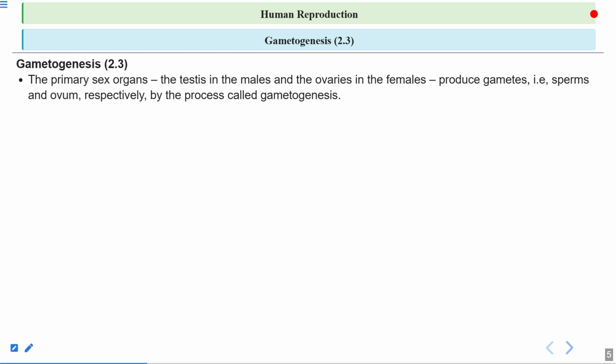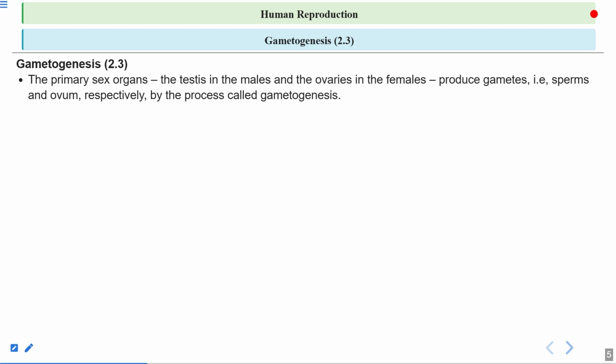One function is to produce gametes. Another function is production of hormones. These are the two functions. You should remember this.